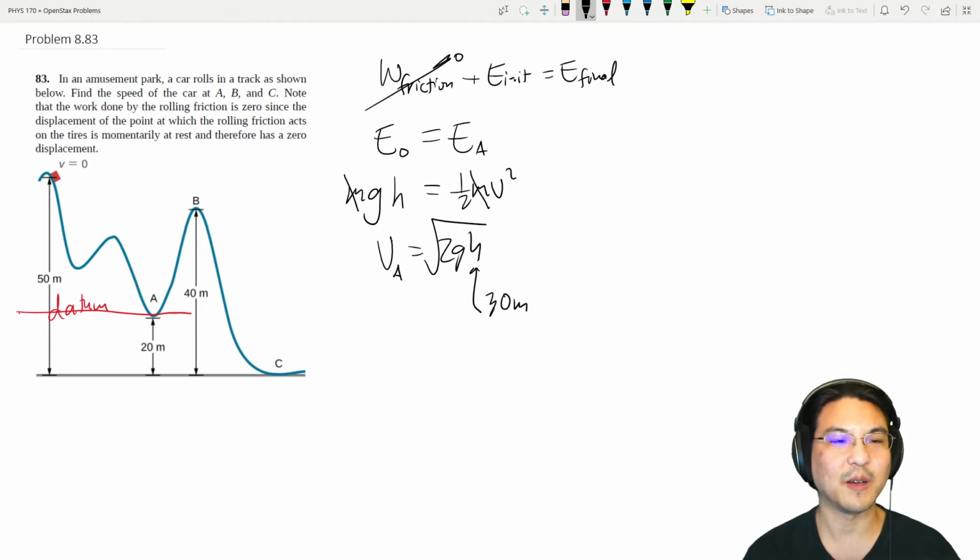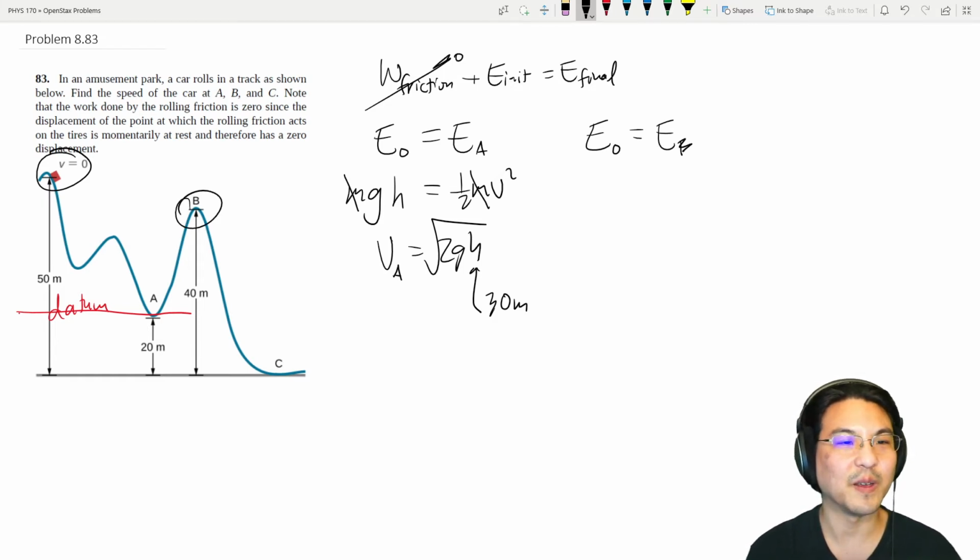Now how about the speed at B? Now we have a few options. We can go E naught over here equals the energy at B over here. Let's do that, and let's try something different. Let's pick a different datum this time.